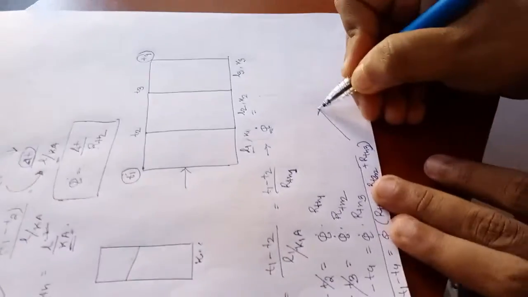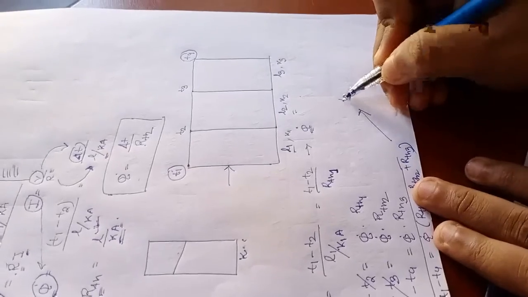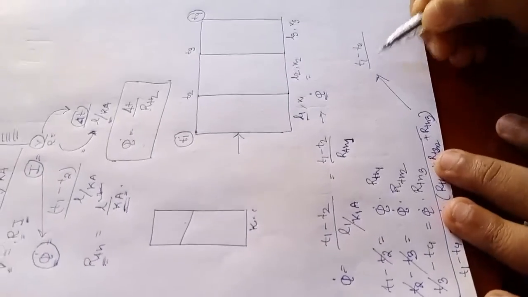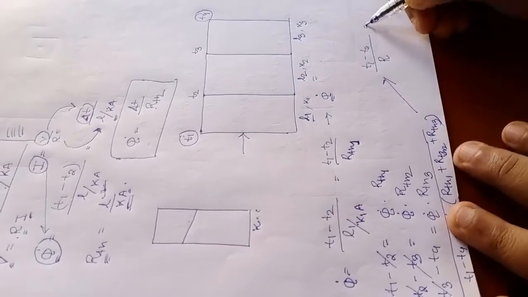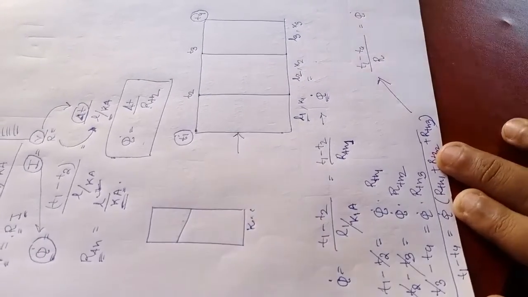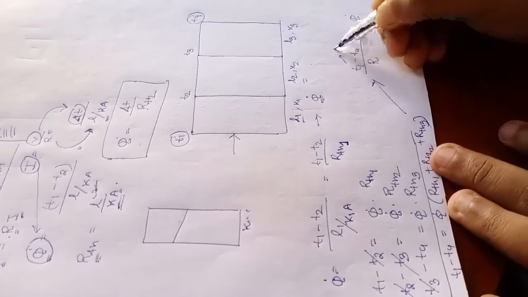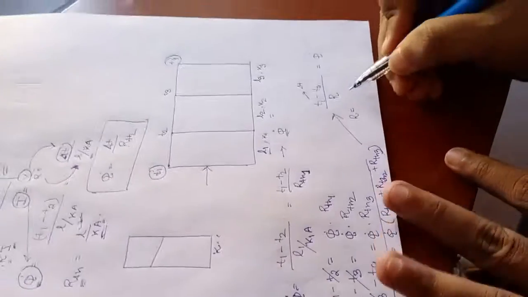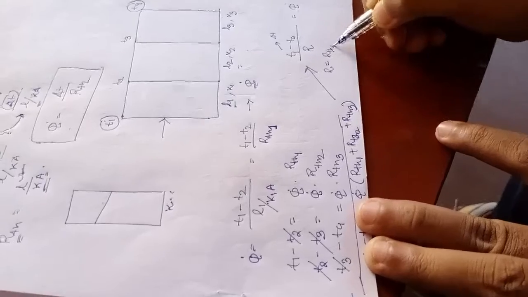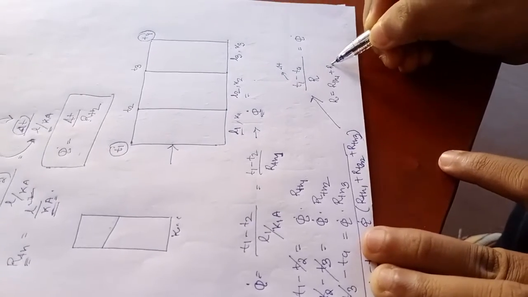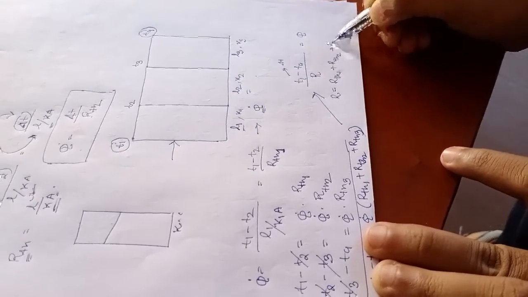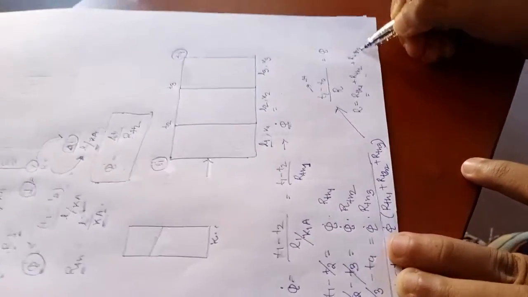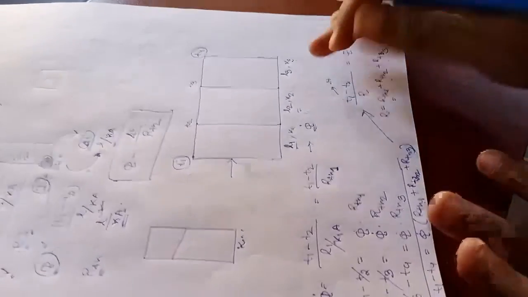So we can say T1 minus T4 by R is equal to Q dot, or you can say this one as del T. So what is R? R is equal to RTH1 plus RTH2 plus RTH3, and we know the values of RTH1, RTH2 and RTH3.